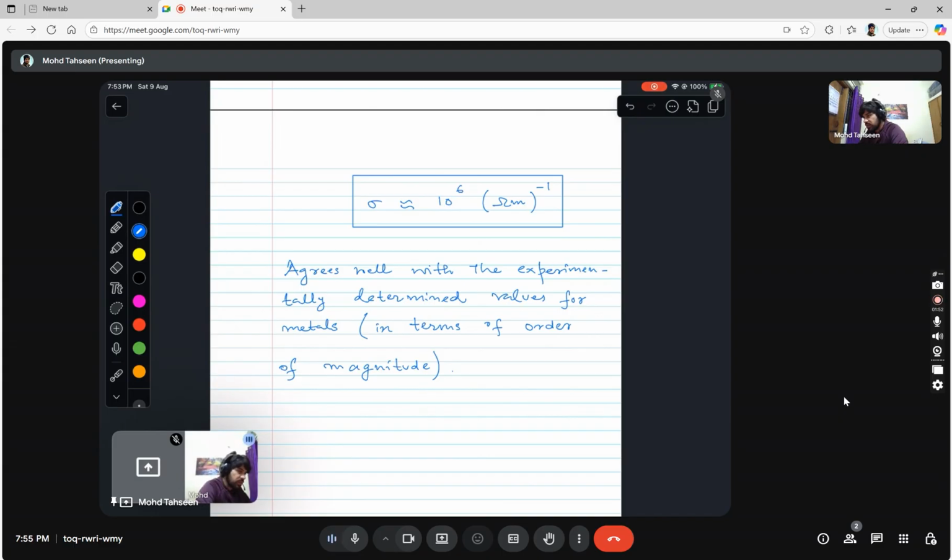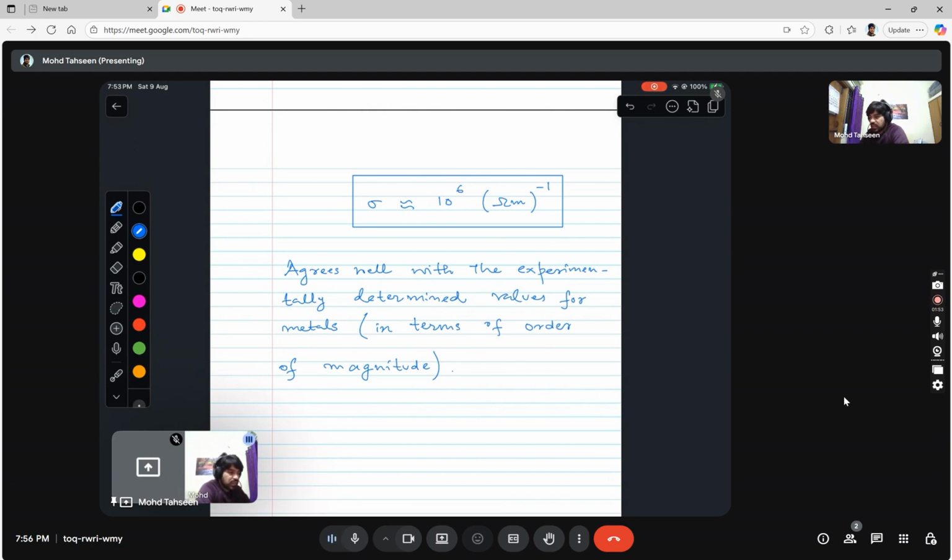because if we look at the density of electrons, let's say 1 mole of a substance that has free electrons of the order of 10 power 28 electrons per mole, right? But at the same time, if we look at Avogadro's number, that is 10 to the power 23.